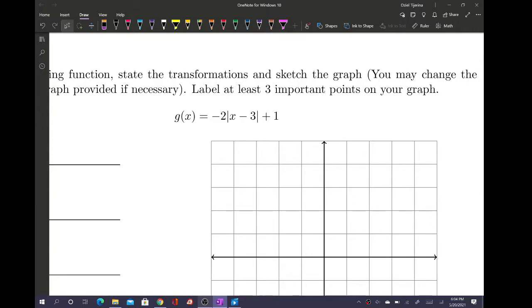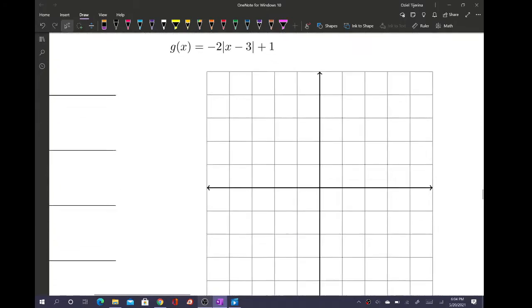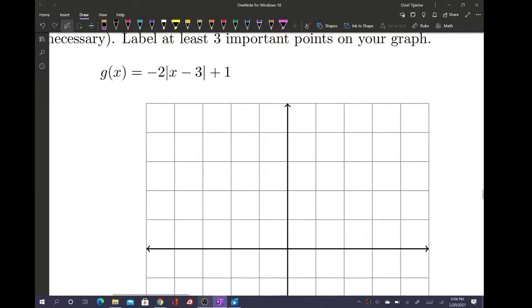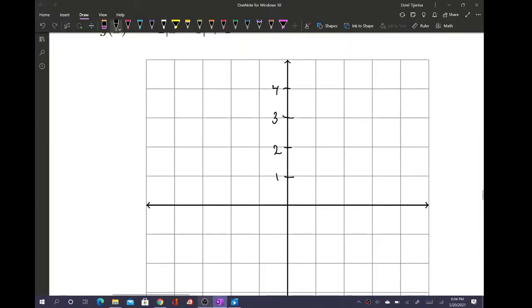Obviously, we can go ahead and just put this as 1, 2, and 3, and then 4, and then do 1, 2, 3, 4, and do 1, negative 1, negative 2, negative 3, negative 4.